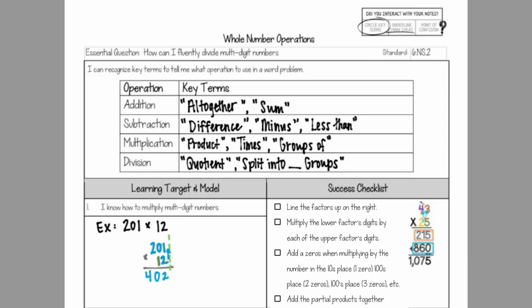When multiplying the tens place, I add a zero. I'd add 2 zeros if it's in the hundreds place. I'd add 3 zeros if it's in the thousands place. So in this case, I have 1 times 1 is 1. 1 times 0 is 0, and 1 times 2 is 2.